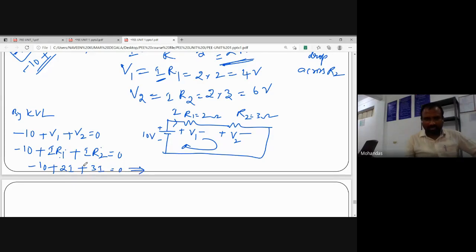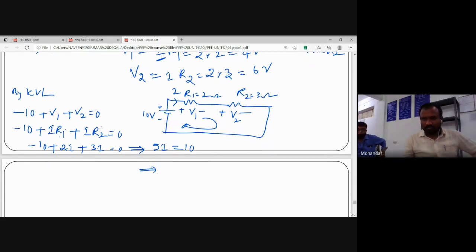From this equation, 2I plus 3I is 5I. If I write 10 on the right-hand side, then 5I equals 10. To simplify further, I equals 10 by 5, which is how many amperes?